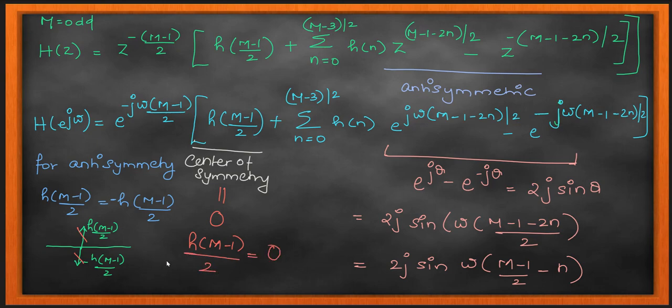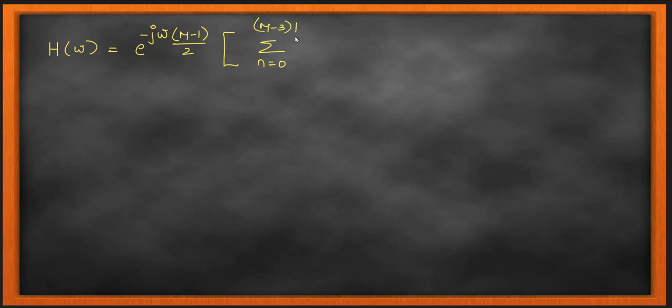So that is why for my anti-symmetry frequency response, you don't have to take the e to the power of j omega m minus 1 by 2 term. So n equal to 0 to m minus 3 by 2, h of n 2j sine omega into m minus 1 by 2 minus n.